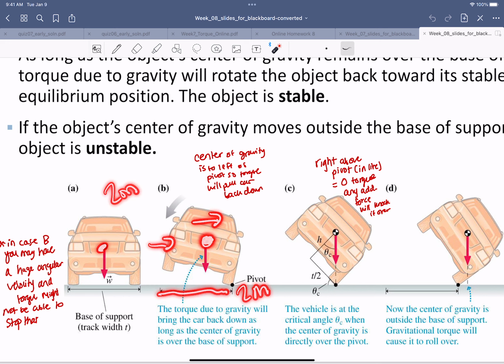Thing is, it's still within the base of support, still within that 2 meters. So maybe initially it was right smack dab in the middle at 1 meter, and now it might be like 1.7. As long as it's within that 0 to 2 meter range, the car is going to move back to its original position and stay stable.